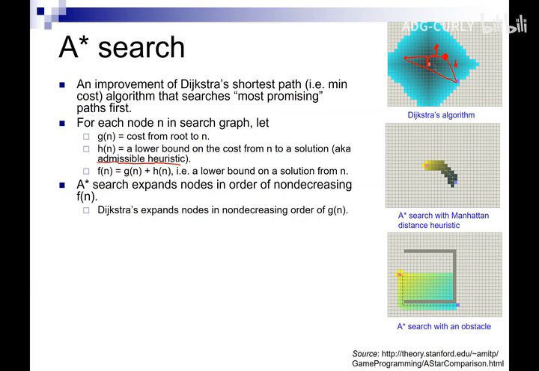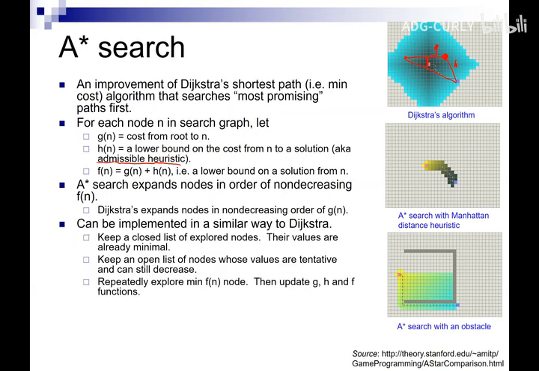So A star search can let you explore far fewer nodes. However, when you implement A star search, it's just like implementing Dijkstra. It's very easy to implement. You need to keep a list of nodes that you've already explored, which are the nodes that you have the g values for. Then you keep an open list of nodes which you have not explored.